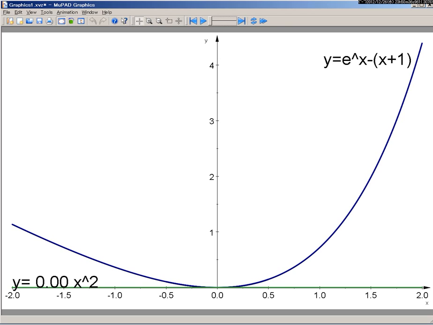So this blue curve is e^x minus (x + 1), the second residue. And this one is y = ax squared. Now a is 0, and we increase a.